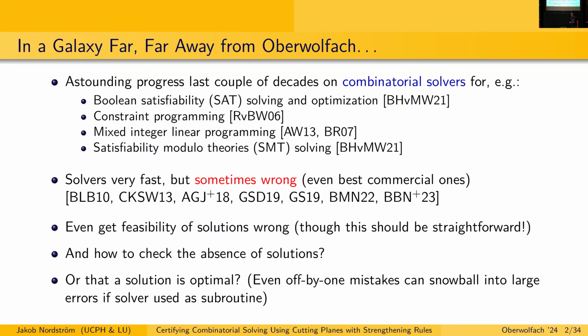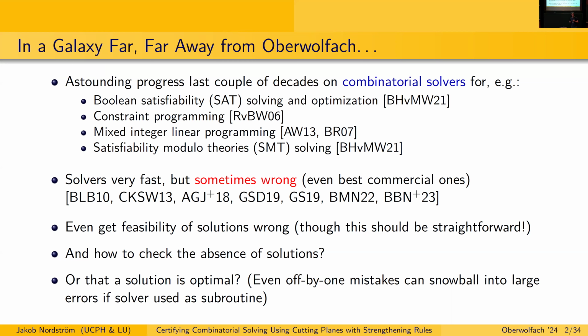The elephant in the room is that these amazing solvers are buggy, sometimes really buggy. They will return solutions that don't even satisfy constraints, which should be easy, and it gets harder from there. Like if your solver runs for a day on a supercomputing cluster and then reports back unsatisfiable, should you believe it? In general, no. Optimality is another issue, and then people would say, well, it doesn't really matter because usually we don't care about optimality.